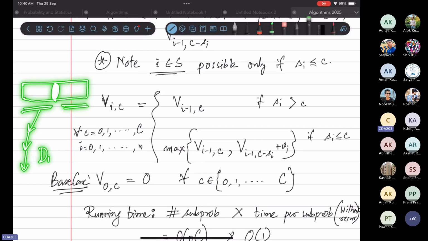That is divide and conquer: a single way of division, going to smaller and smaller subproblems. But in dynamic programming, we have to keep our options open, so the solution can come from any of these subproblems, from this one also, from this one also.